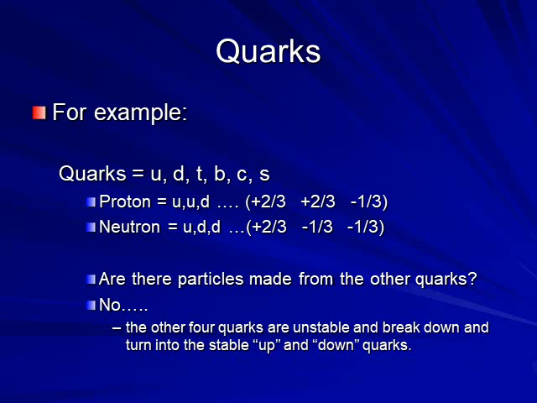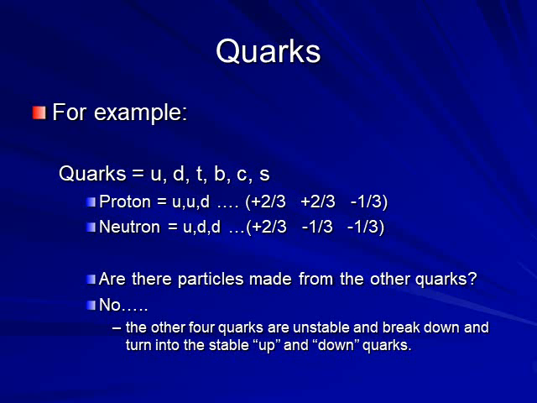And because they have these weird partial electrical charges, an up quark has a positive 2/3 charge, and a down quark has a negative 1/3 charge. If you do the math, it actually comes up to a positive 1. That's where the proton gets its positive 1 charge.